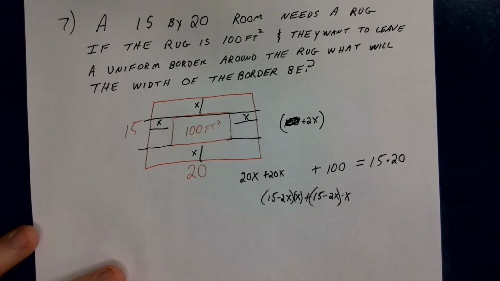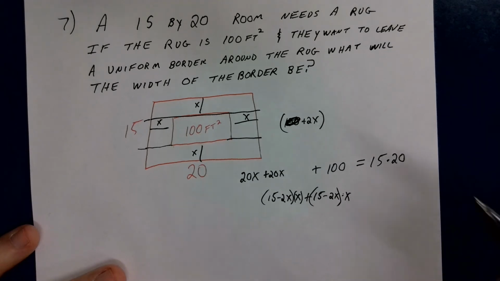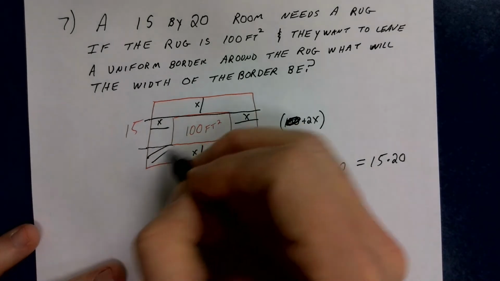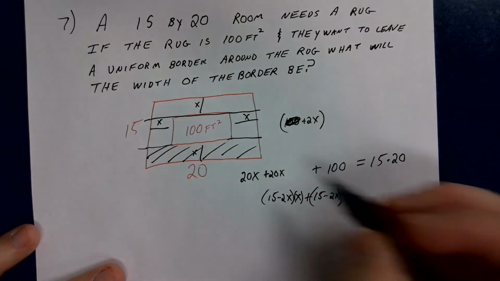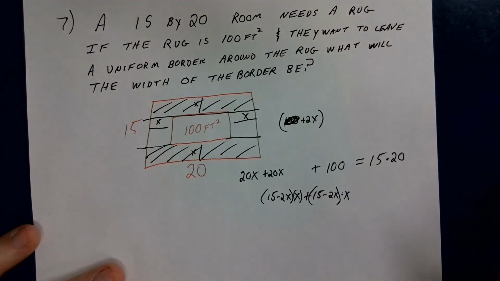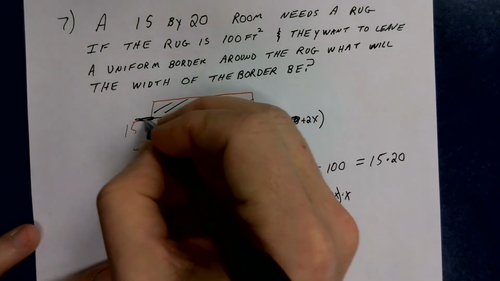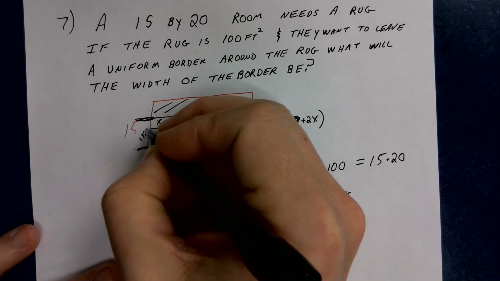I could just try a bunch of different stuff with these. So know that it's okay that sometimes when you're going through this stuff, you're just writing stuff down. And let's see if this makes sense, right? So 20x is this one, 20x is this one. And this length right here is 15 minus 2x.